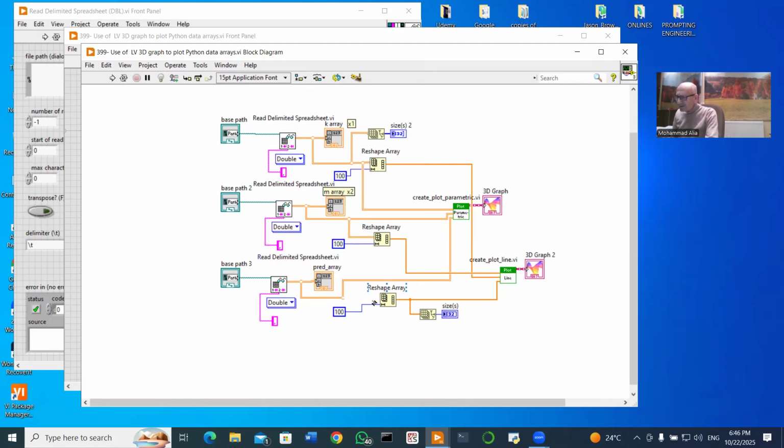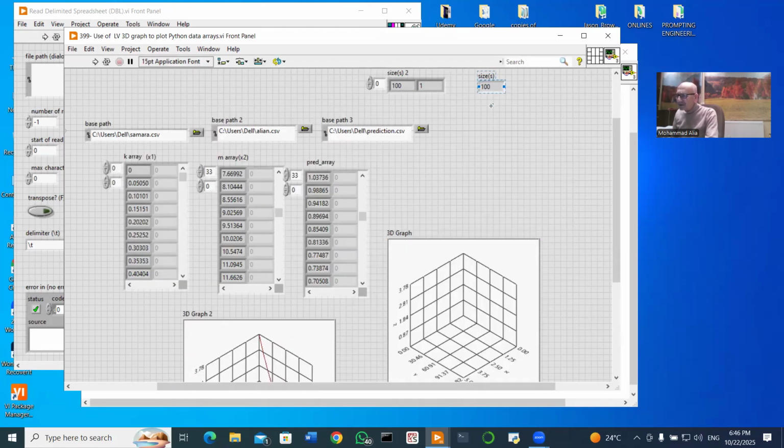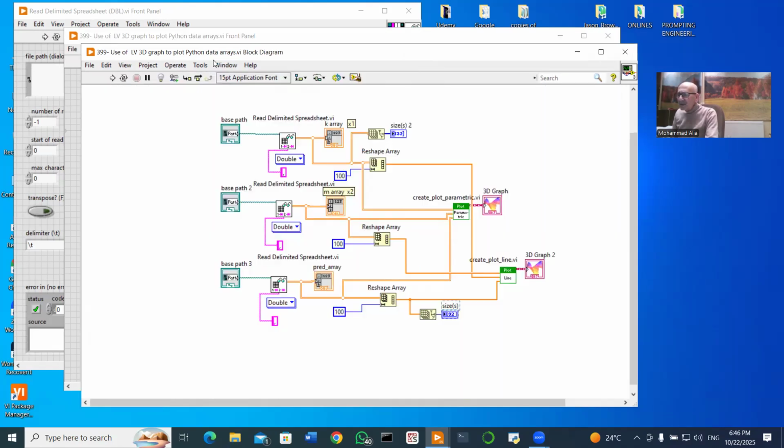I put 100 here, 100 there. So the output size will be 100. If you look at it here, all of them have the same length.